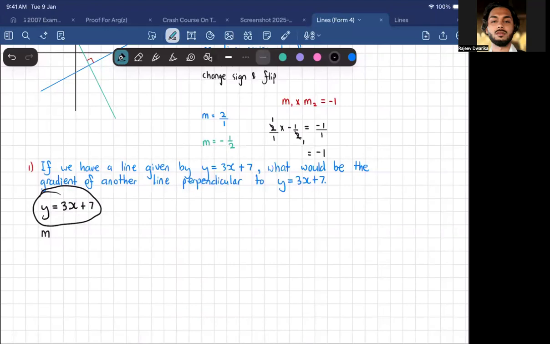Now, what would the gradient be? You could read it off from this.